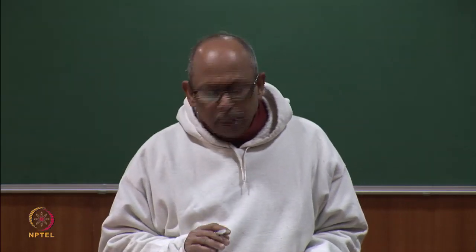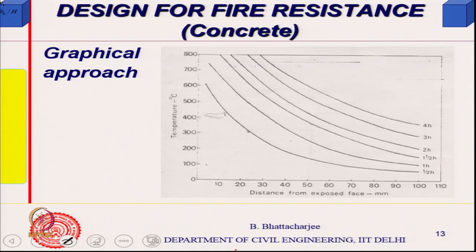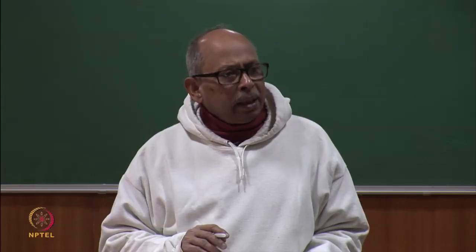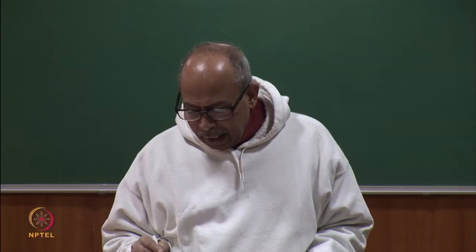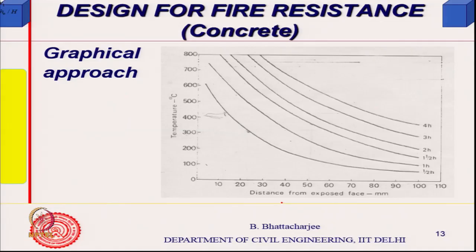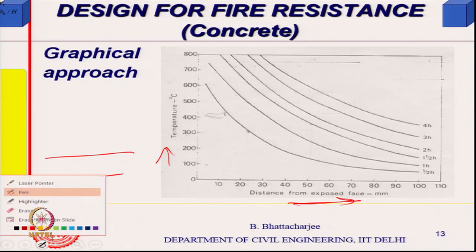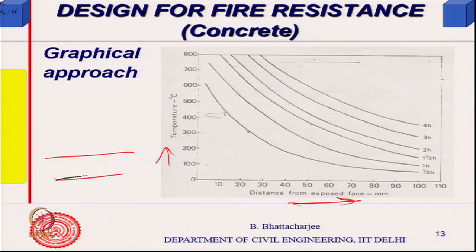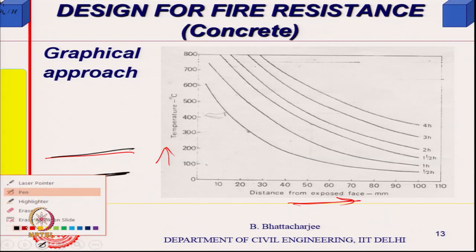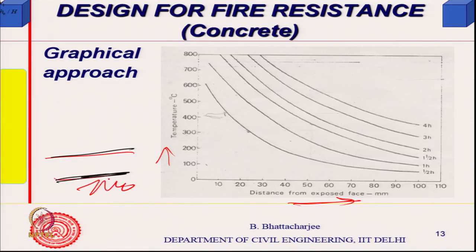One way would be this: some people have actually done experimental work in the 1970s and 80s, and what they have seen is, for a slab, as the fire increases, the temperature as a function of distance from the exposed face. For example, if this is the slab, and the exposed face is this one, then this is the distance I am talking of.